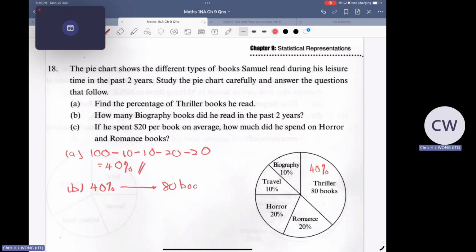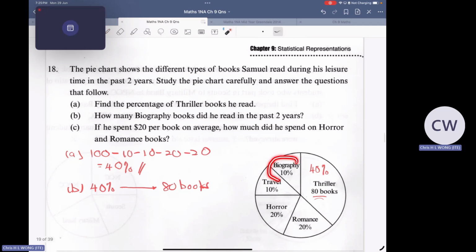Where did the 80 books come from? It's already given to you. I didn't put it there. 40% gives you 80 books. For biography, you're supposed to find out how many books he read. But we know that biography is 10%.